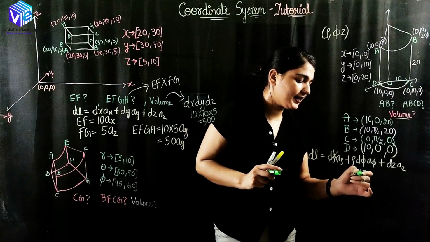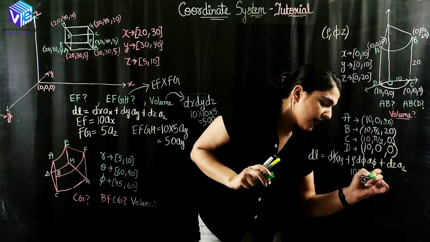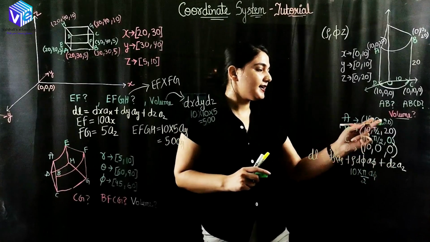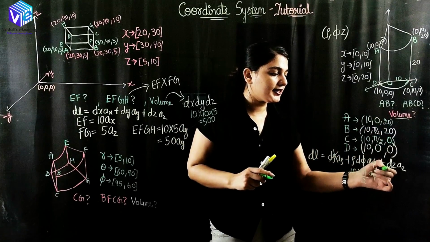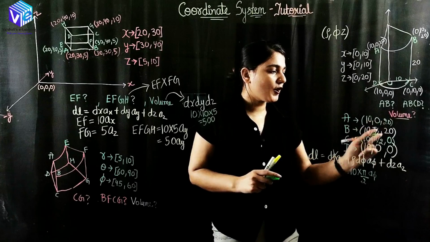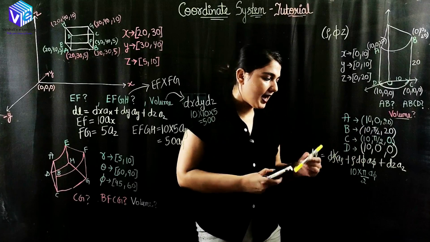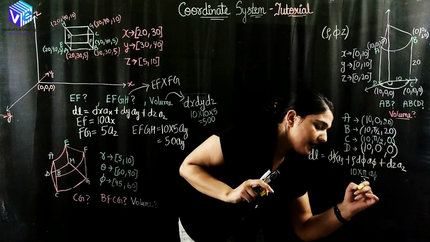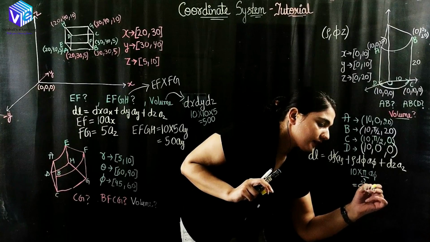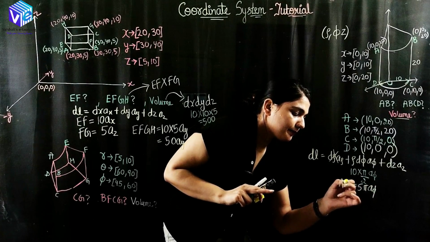So I get 10 into pi by 2 a phi. Now dz: dz will be 0 because the z coordinates are the same. So the answer is 5 pi a phi. This is my AB.